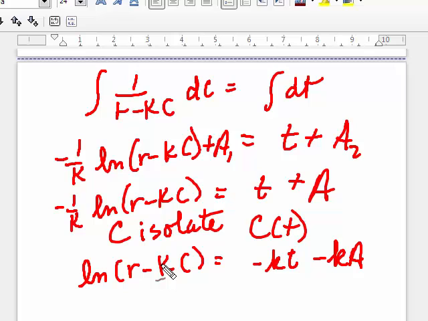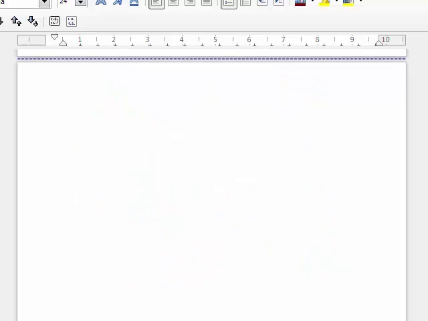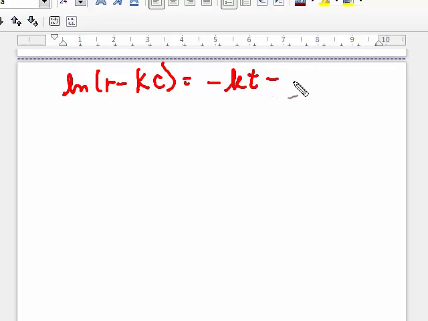Okay, I ran out of room, so I have to rewrite this. So I have here natural log of r minus kc equals minus kt minus a times k.